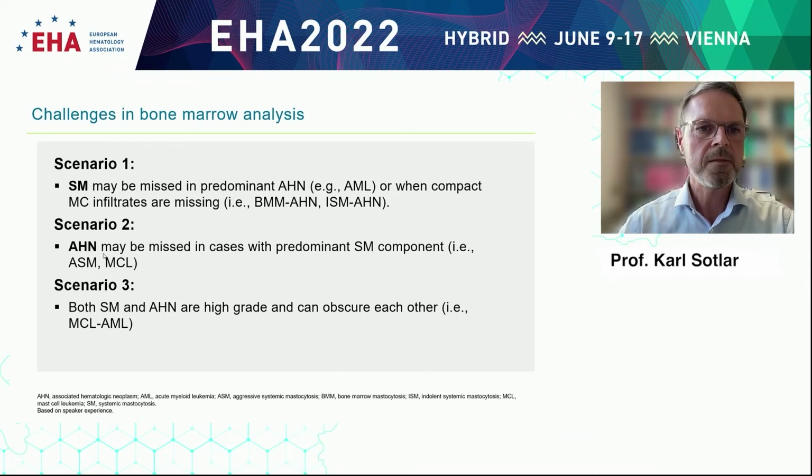Scenario 2 is when AHN may be missed in cases with a predominant SM component, which is the case in ASM and mast cell leukemia. And scenario 3 is when both disease components are high grade and one may be obscured by the other one.